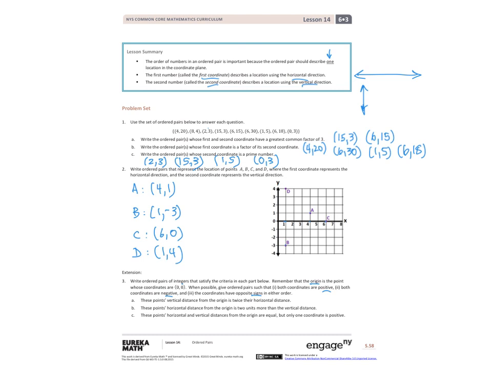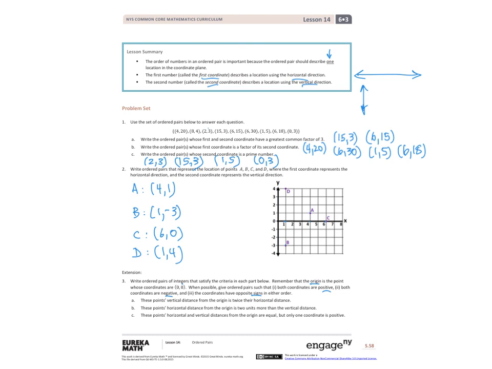Okay, so it sounds to me like we're going to have some different possibilities here. For these points, the vertical distance from the origin is twice their horizontal distance.